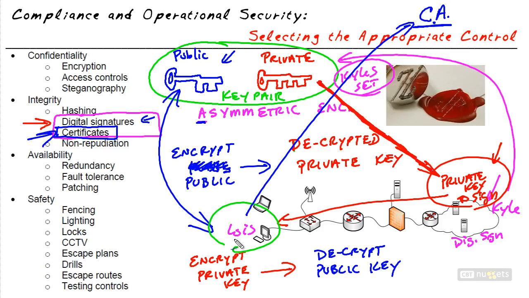So Lois, after getting a copy of Kyle's digital certificate and extracting the public key out of that certificate, will now have Kyle's public key, which she can now use to validate Kyle's digital signature. And we will do a review on the asymmetric encryption process and digital certificates again in the nuggets coming up in cryptography.